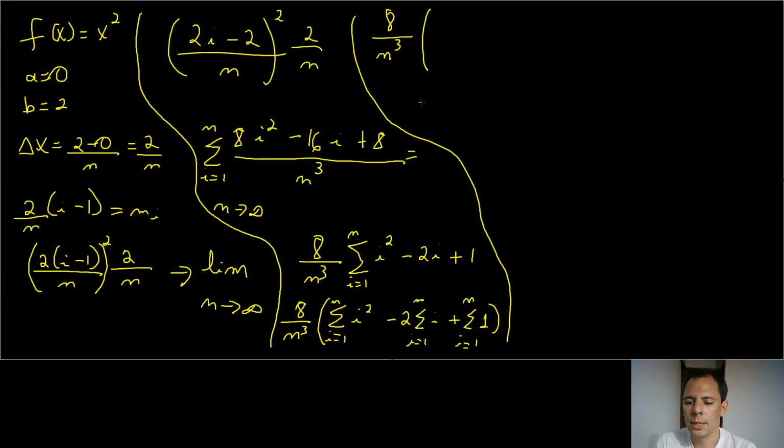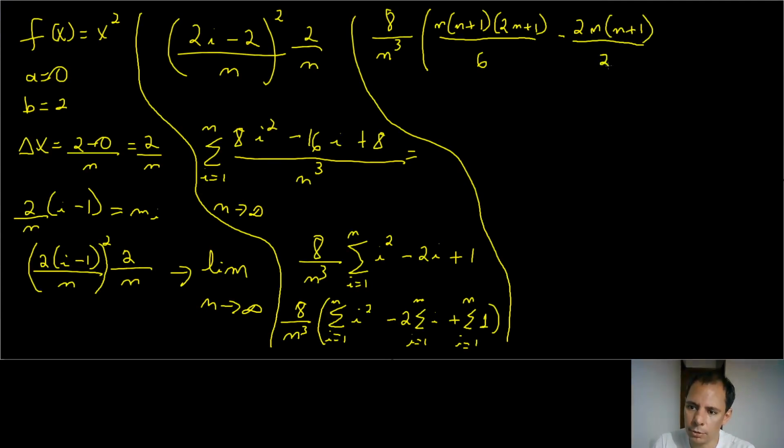So, what is the summation of i squared? You guys remember that stuff? It's going to be n times n plus 1 times 2n plus 1 divided by 6. That's why we studied summation in the previous video, okay? And then you have minus 2 times what? i, and the summation of i is going to be n times n plus 1 divided by 2.